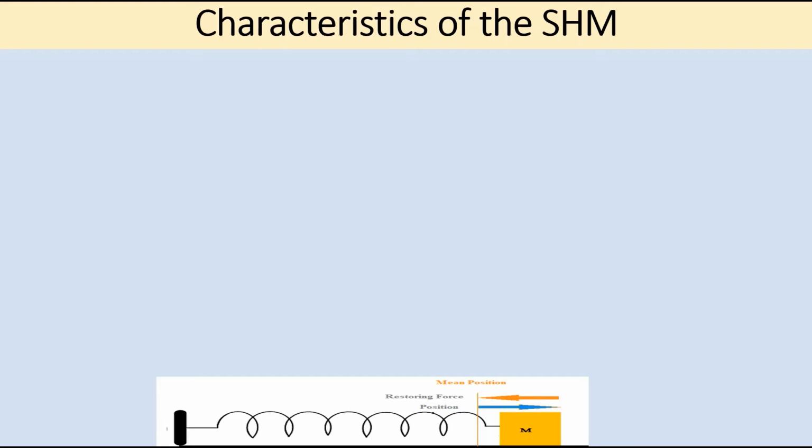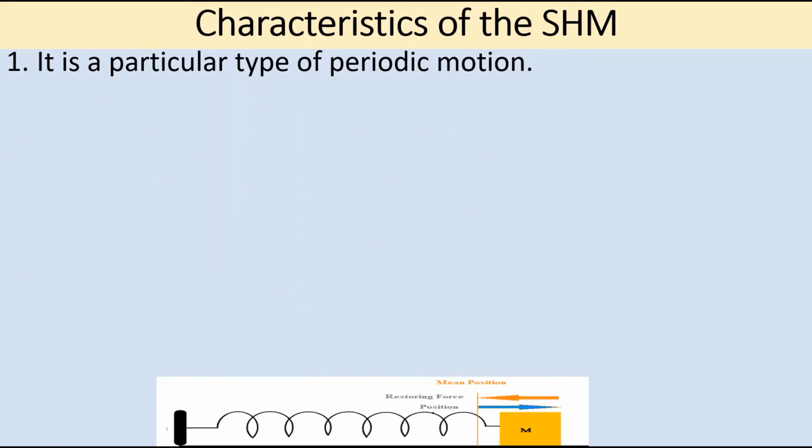All oscillatory motions need not be simple harmonic motion, but for those which can be called simple harmonic motion, the characteristics can be listed as follows. First, it is a particular type of periodic motion. You know that periodic motion is the motion in which the body describes the same path in the same way again and again in equal intervals of time.